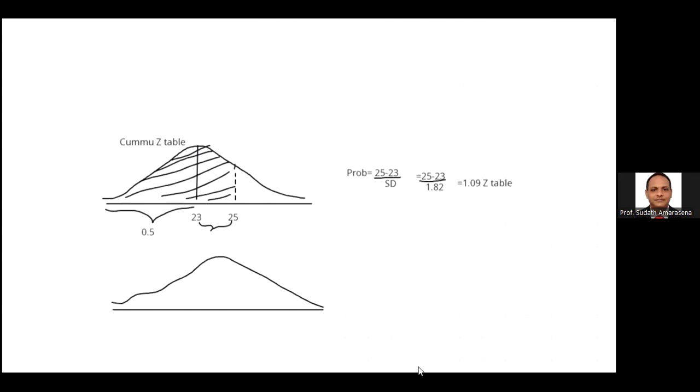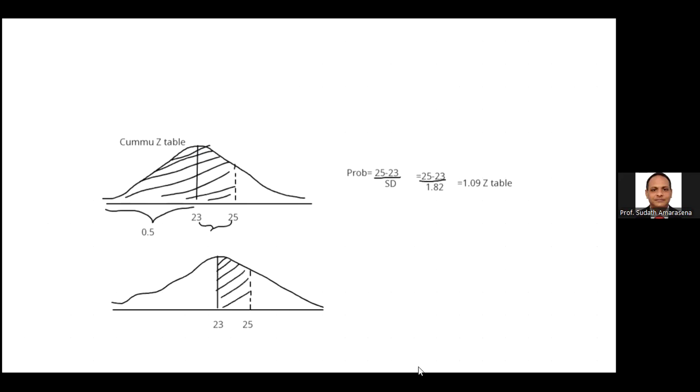Here the middle value, we call that the entire project completion time, 23 days. The question asked to identify within 25 days. Then the non-cumulative Z table is colored in this area only.